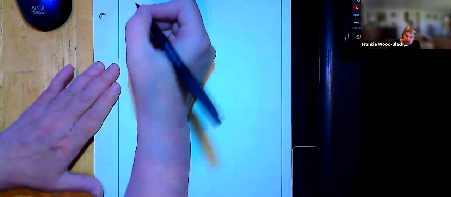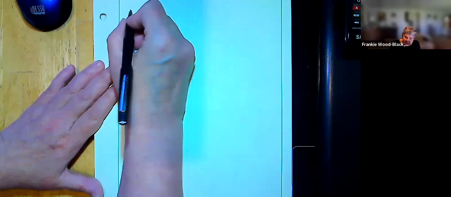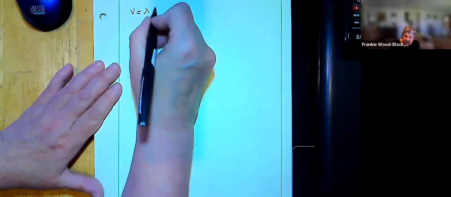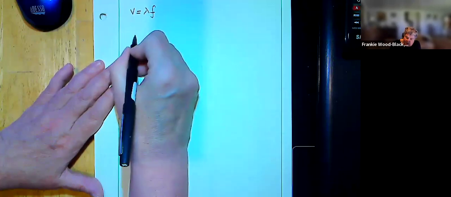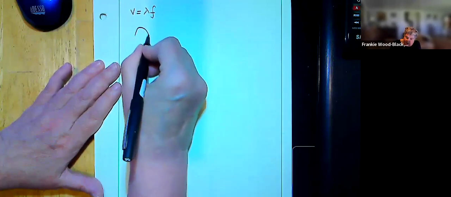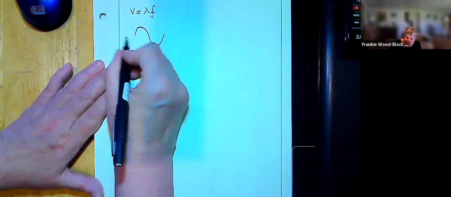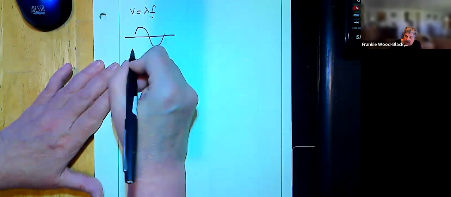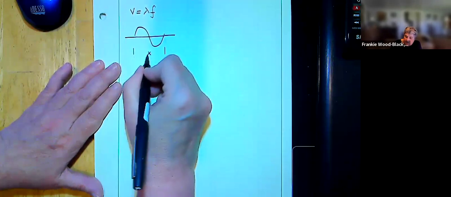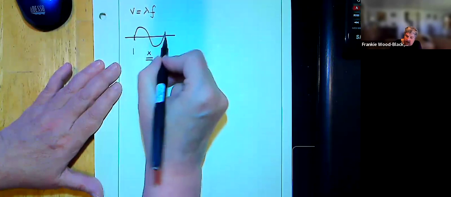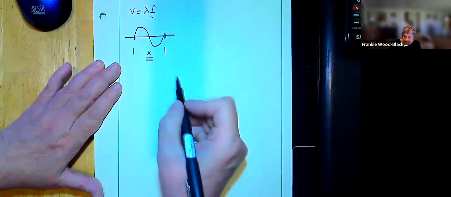So we also saw at the end of yesterday that the velocity of sound is going to be the wavelength times the frequency. So let's draw our wave here. We're going to represent it with our simple harmonic motion. If I do this in terms of distance, the wavelength is one complete cycle.